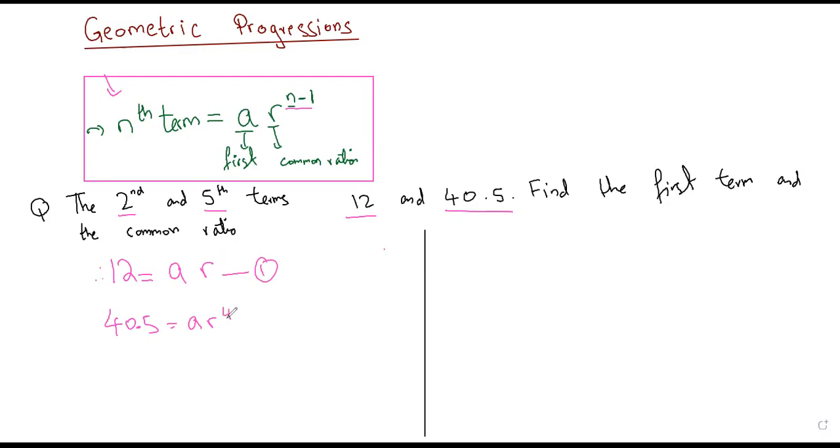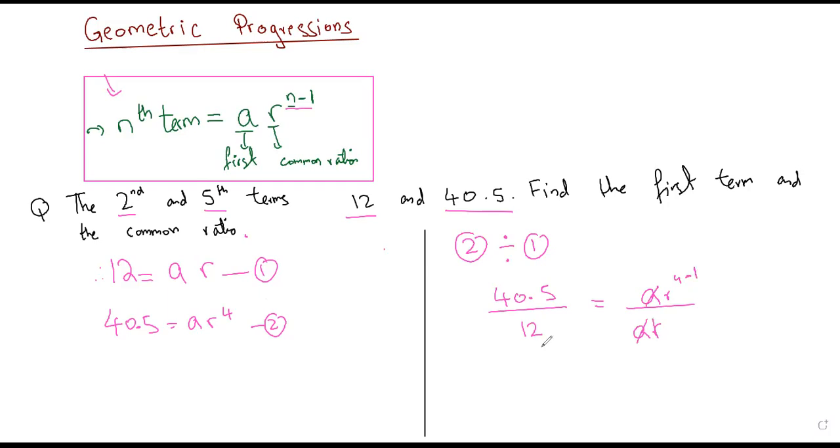And now I have the two equations, and I need to solve them simultaneously in order to find a and r. So I can go about it this way. 2 divided by 1, I will divide both these equations. So for the left hand side, 40.5 divided by 12 equals a into r power 4 divided by a into r. a and a is cancelled, r is cancelled, and I'll subtract 1.